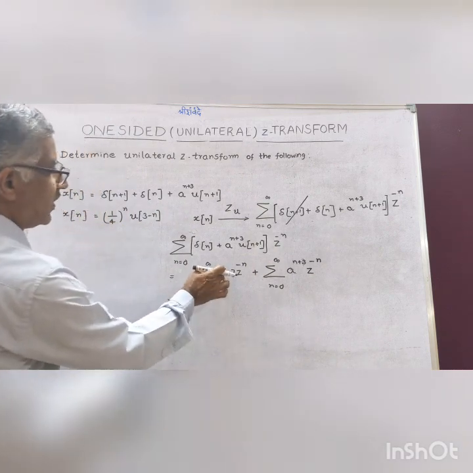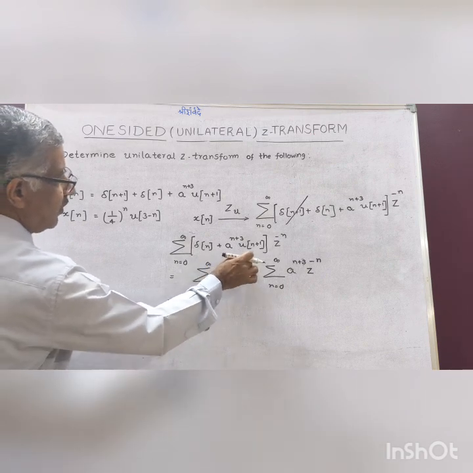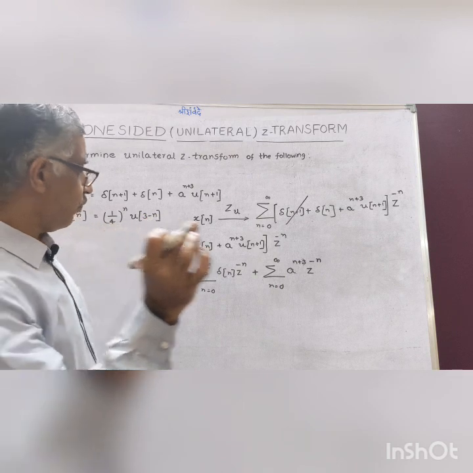Now delta of n exists only at n equal to 0. Therefore, putting n equal to 0 here, z to the power of 0 means 1.